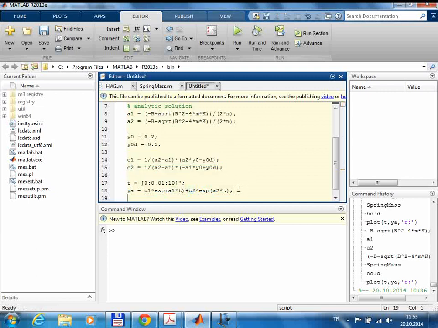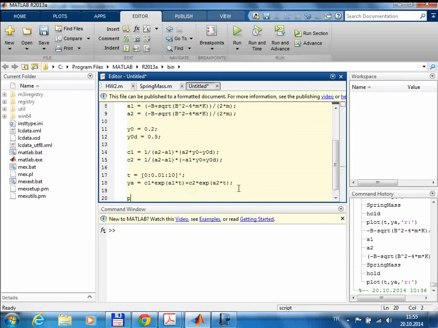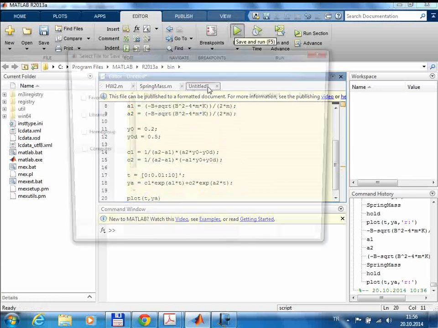Next I should make a plot. I can just say plot T and YA. If I run this, I first need to save it.